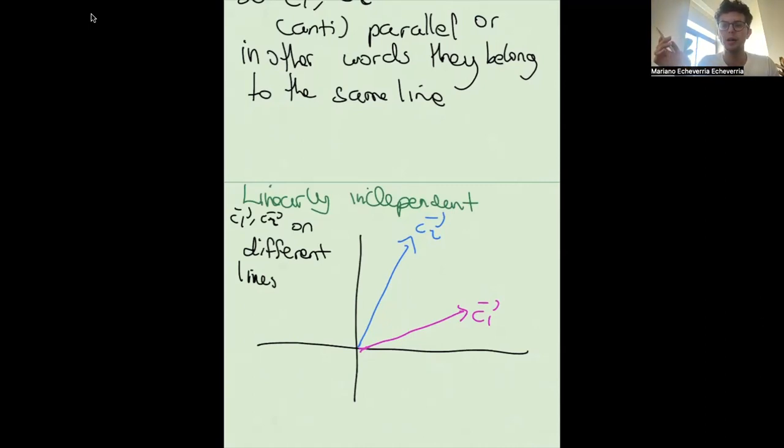It means that you can draw a parallelogram whose sides are these two vectors, right? Everyone sees a parallelogram here. And so saying that they're linearly independent is the same as saying that this parallelogram has a non-zero area.